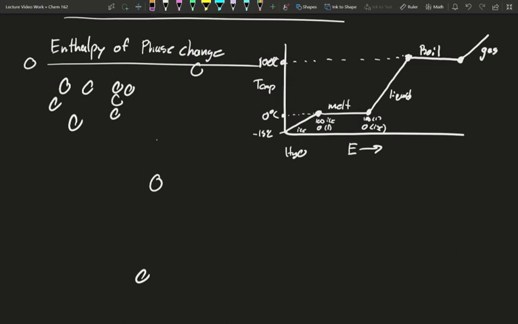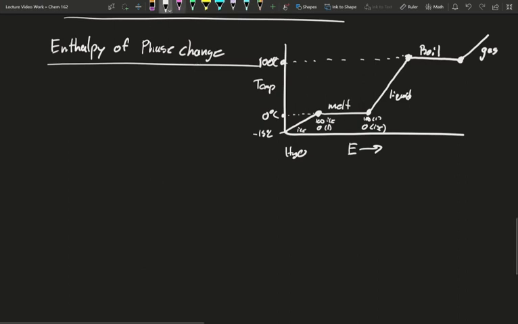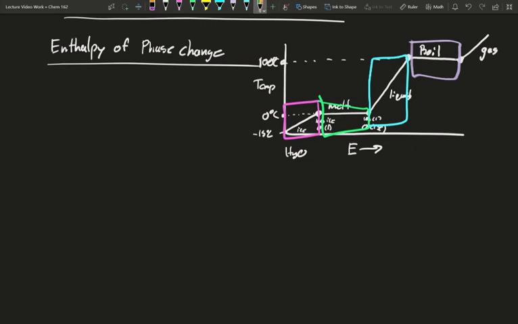This is what it's going to look like as we actually attempt to add energy to our ice cube, from beginning all the way up to gas vapor. Unfortunately, because our line changes at different times, we need different calculations for each section. Here's one section, here's a second section, here's a third section, here's a fourth section, and if we really wanted it, there's a fifth.